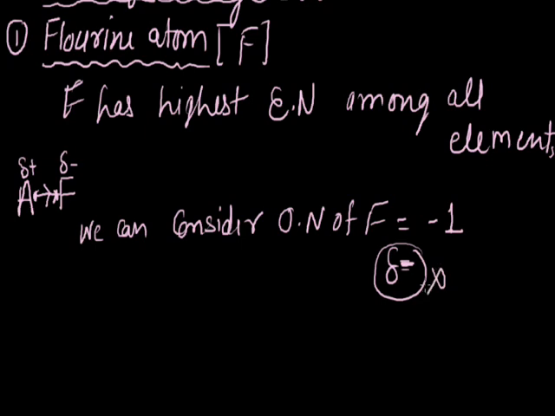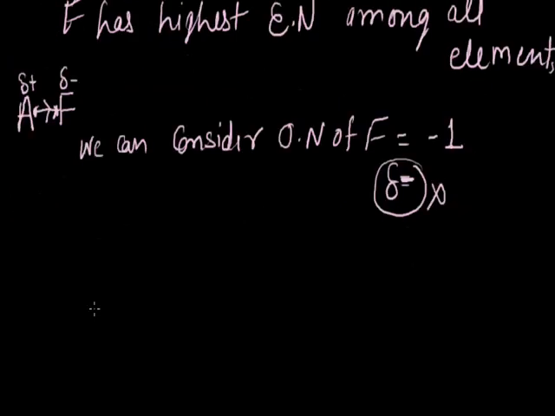So according to the rule, we always consider the oxidation number of fluorine is equal to -1 in any compound. So this is a universal rule that the oxidation number of fluorine is always -1 in every case.